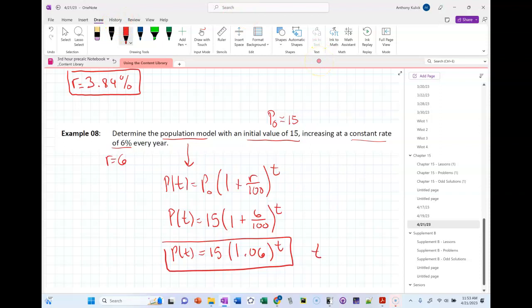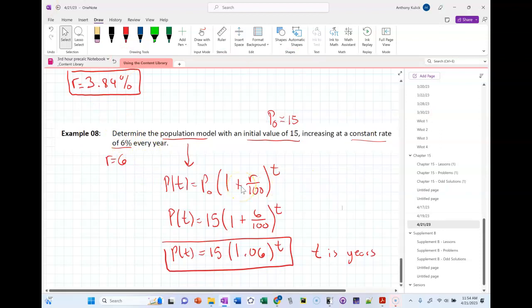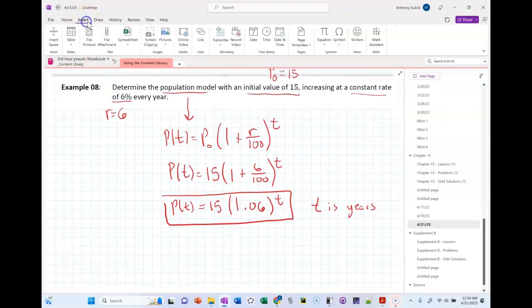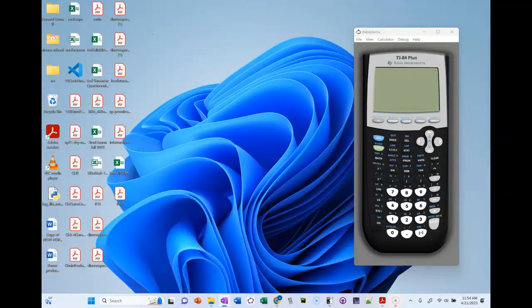Maybe we should make mention that T is in years here, but you don't really need that since it makes it clear in the problem. Everybody okay with that? Just kind of plug in the stuff into the formula, right? You just have to go from the words to the symbols. But that's not too hard. Pretty doable. Let's do one more example kind of like this.